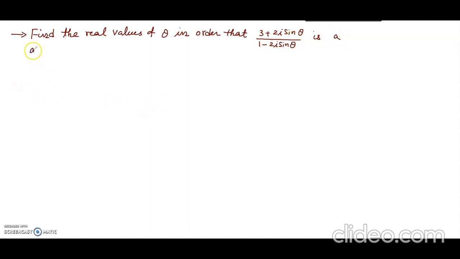Two cases we need to consider. If the number is a real number, what are the real values of theta, and is a purely imaginary number. So again we need to go back to the basics.